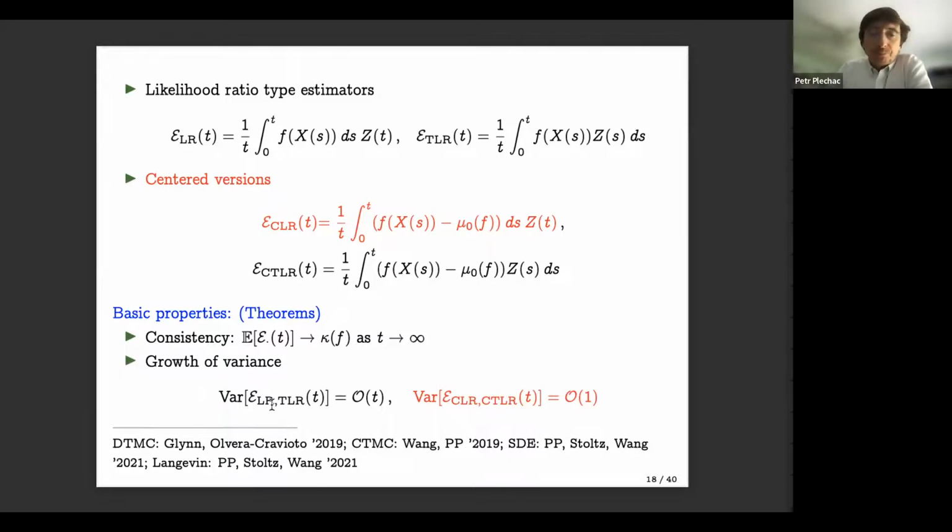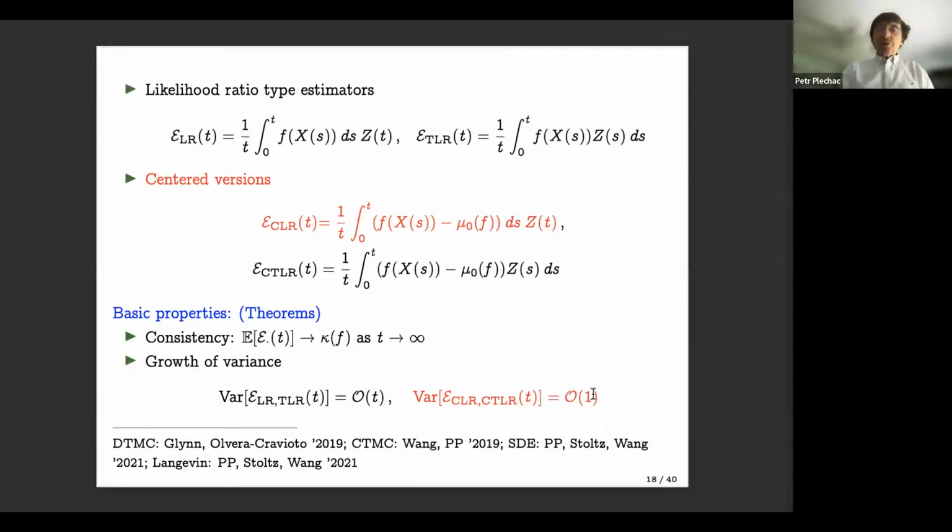The result, which we first obtained for continuous time Markov chains, while at the same time Glynn and his student Olvera-Cravioto had a similar result for discrete time Markov chains, shows that while the variance of uncentered estimators grows linearly in time, the centered version has a bounded variance.